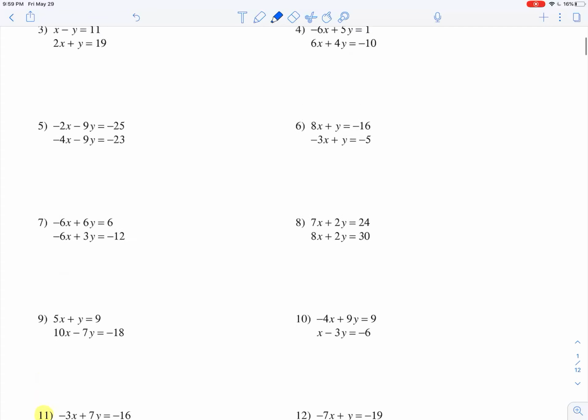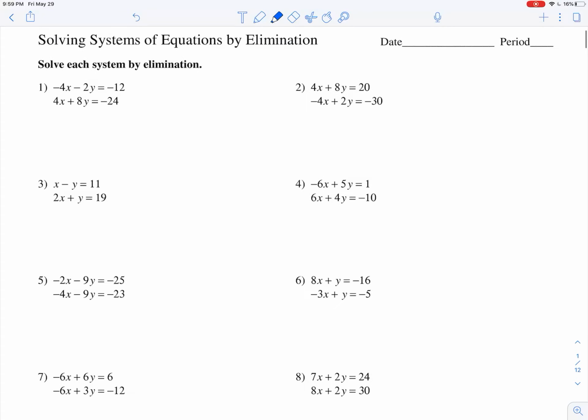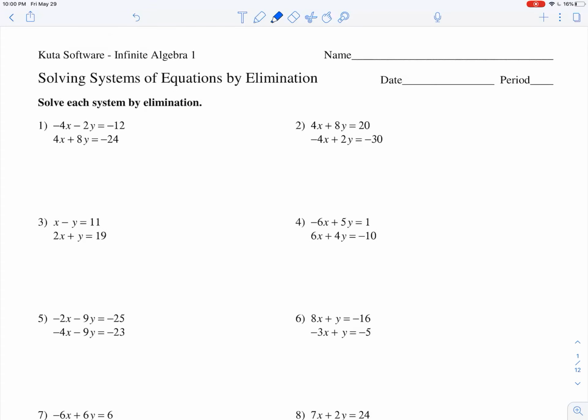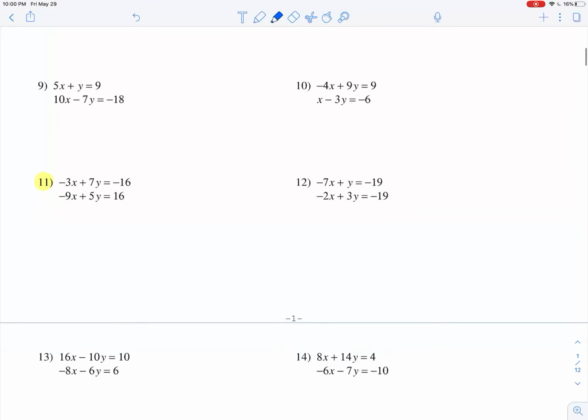In an example like number 1, you'll notice the x's look like they can cancel each other out. I have a -4 and a +4, the coefficients are opposites of one another. That makes it really easy to eliminate a variable. But in the case of number 11, we don't have that. None of the coefficients match here.